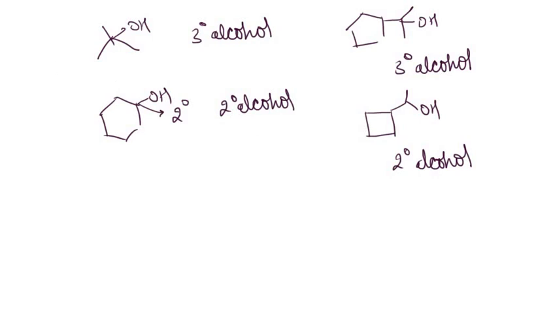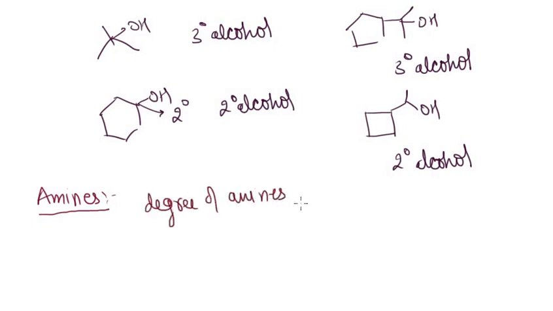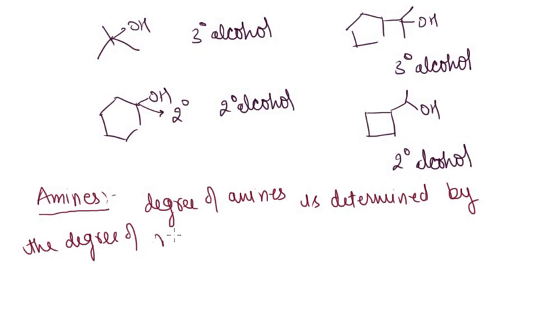Now we're going to write one more functional group, that is amine. So how do we determine the degree of amine? The degree of amine is determined by the degree of nitrogen.